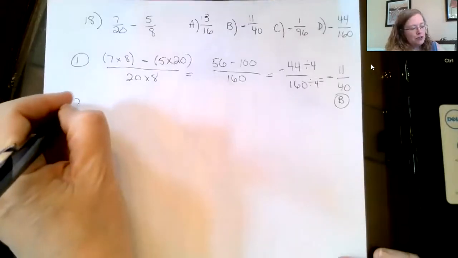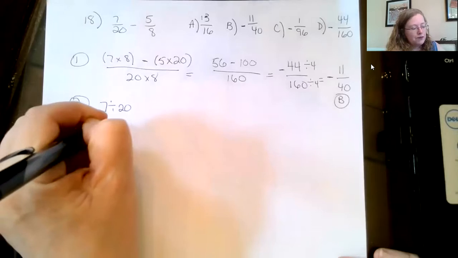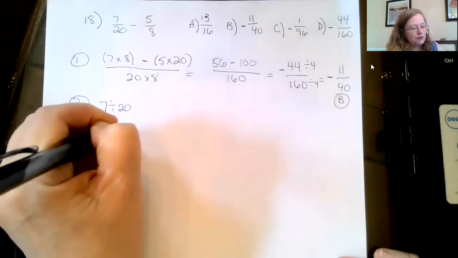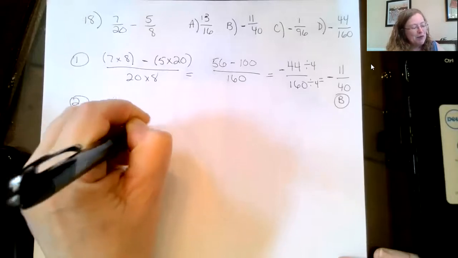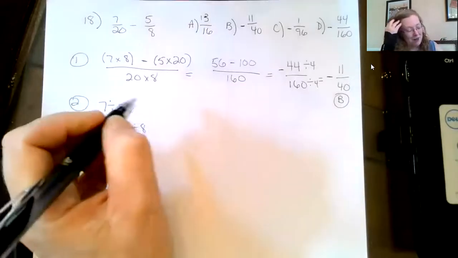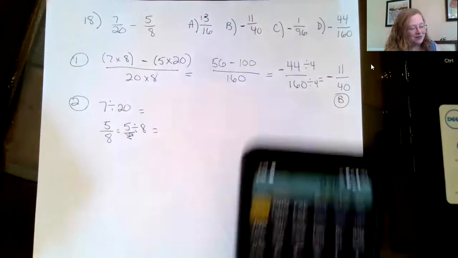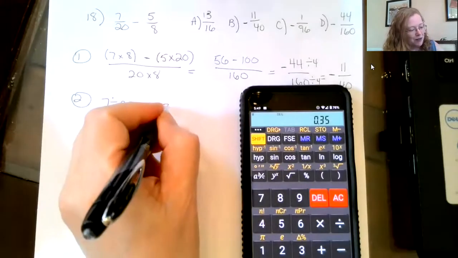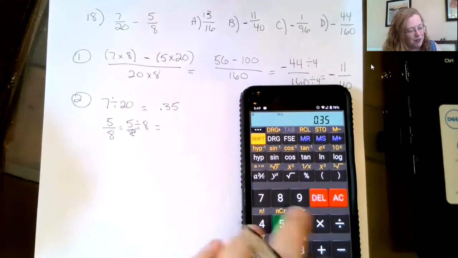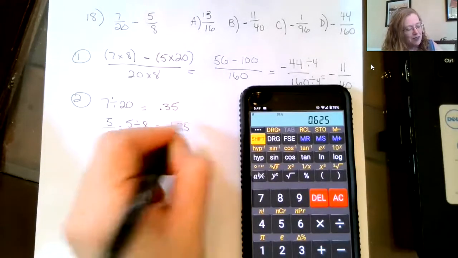Second approach, you can convert these into decimals. In my mind, the line is the same as divided by, so that's why I keep screwing up. Okay, let's see what we've got here. 7 divided by 20 is equal to 0.35. 5 divided by 8 is 0.625.